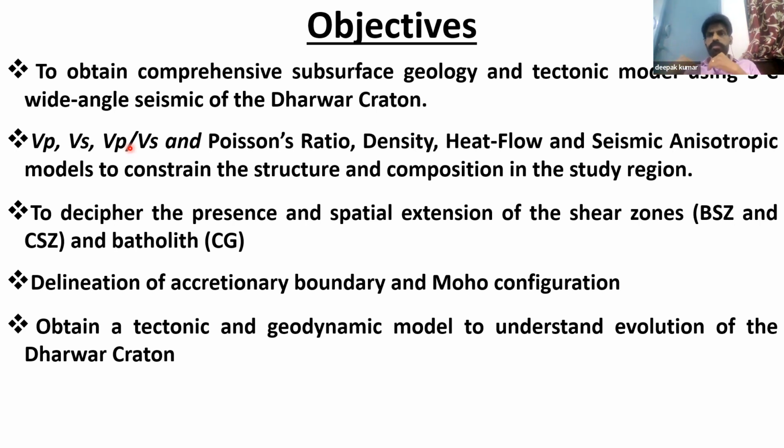Vp/Vs also helps us in delineating types of rocks. So Poisson ratio and Vp/Vs are very important for delineating lithology in that particular area, whether it's felsic or mafic, or quartzite or anorthosite. Different types of rocks can be delineated with the help of three component seismic data.